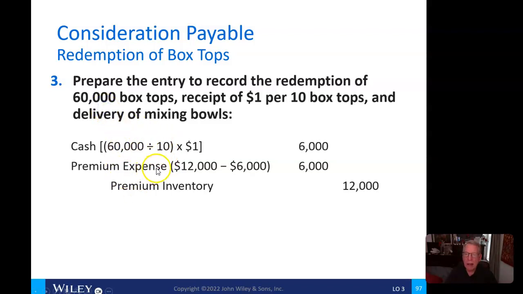We're going to divide that by 10, right? And multiply that by 1. So we had 6,000 of these mixing bowls. And the premium expense, therefore, is going to be $12,000 minus the $1 received.